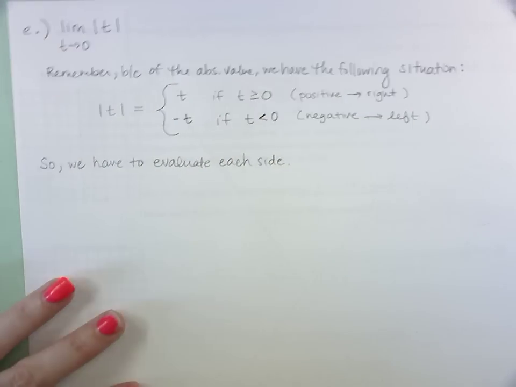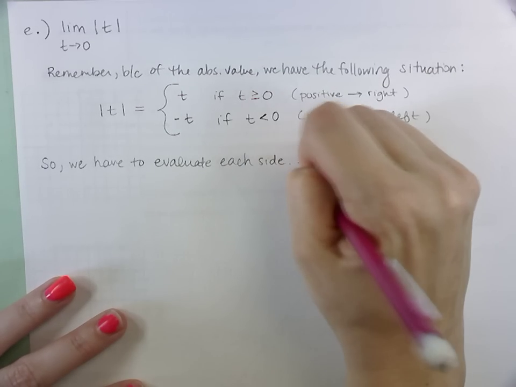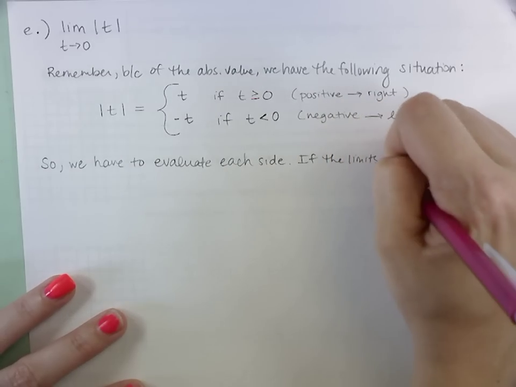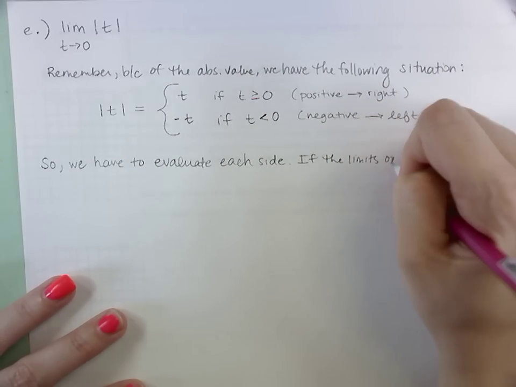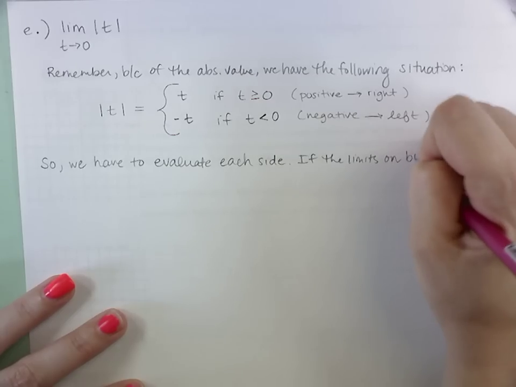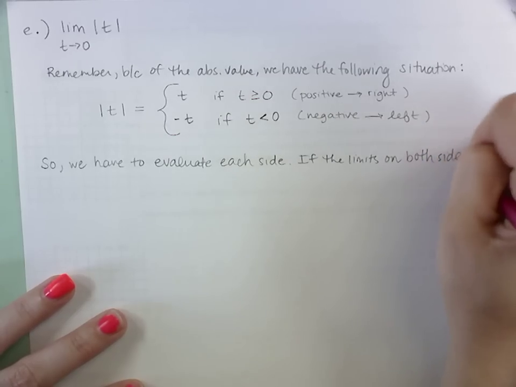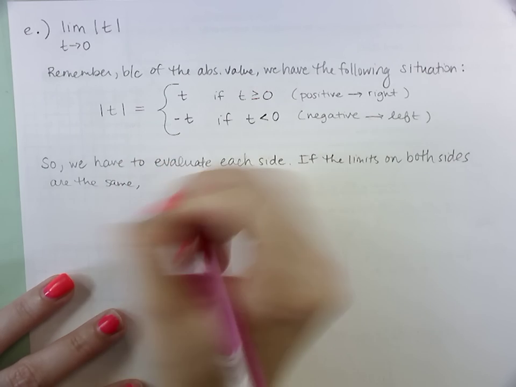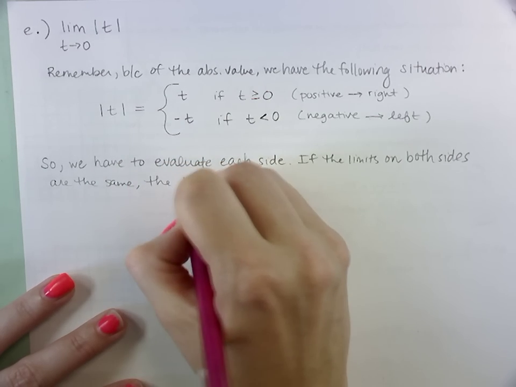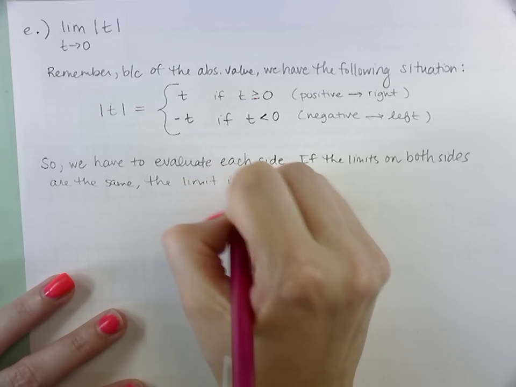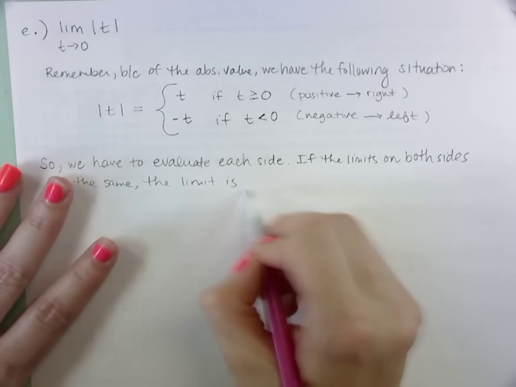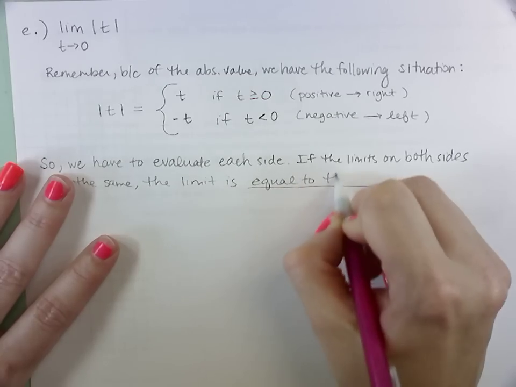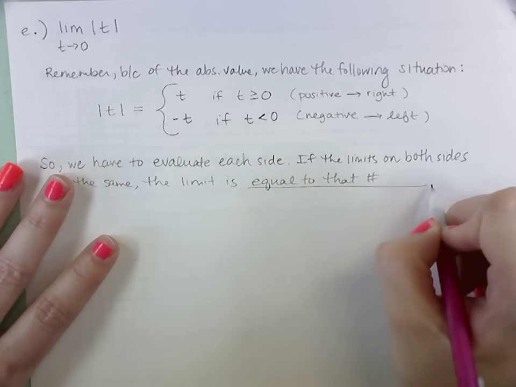If the limits on both sides are the same, the limit is equal to that number, whatever number you're approaching.